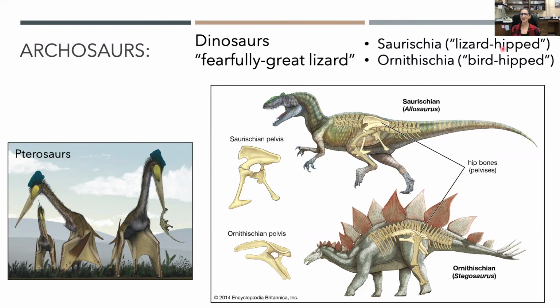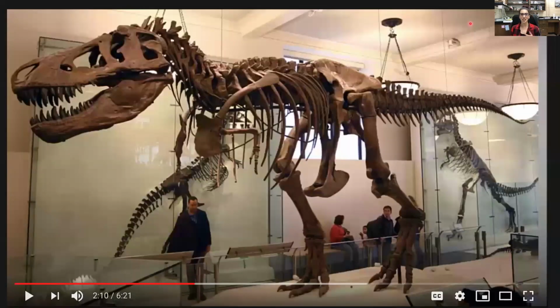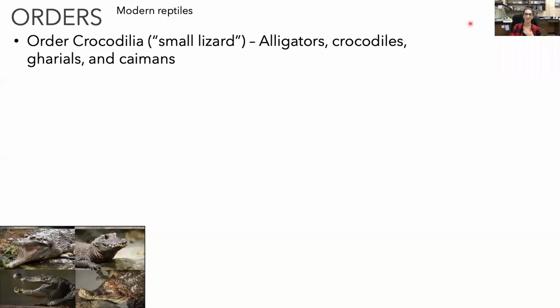Oddly enough, our birds are descendants of dinosaurs, but the birds are not descended from the Ornithischians. They developed from the Saurischian dinosaurs, the lizard-hipped dinosaurs. We have a video for you to watch that explains the different hip architecture for the basis of these different divisions of our dinosaurs. But now let's jump into the modern living representatives of reptiles.